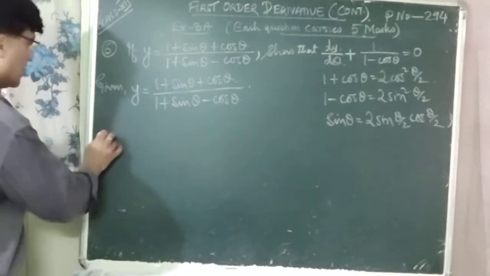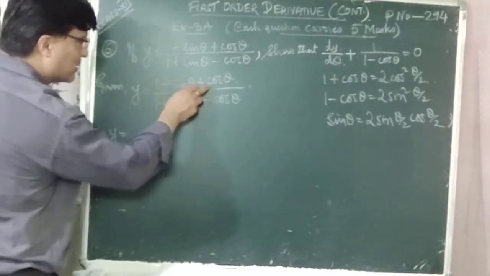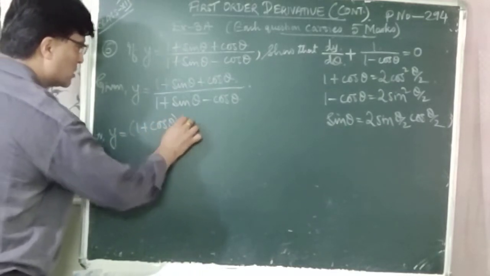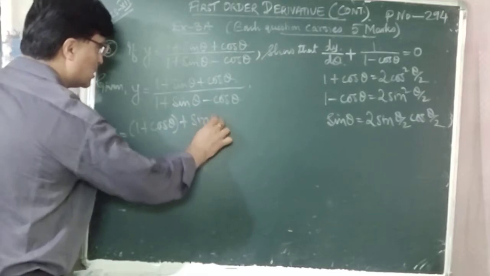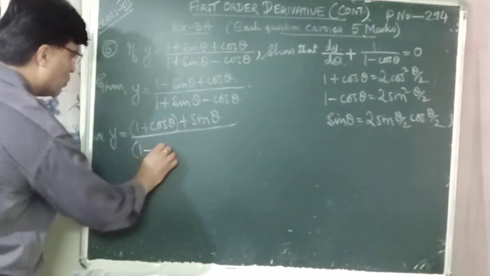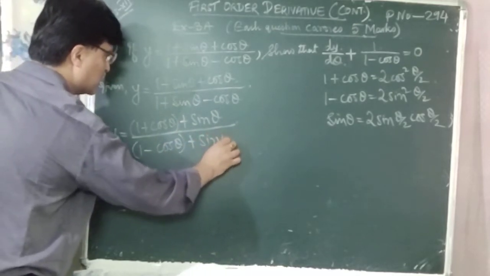Okay? So let us use the formula here. So y is equal to, let us write it together, (1 plus cos theta) plus sine theta, divided by, in the denominator, (1 minus cos theta) plus sine theta.